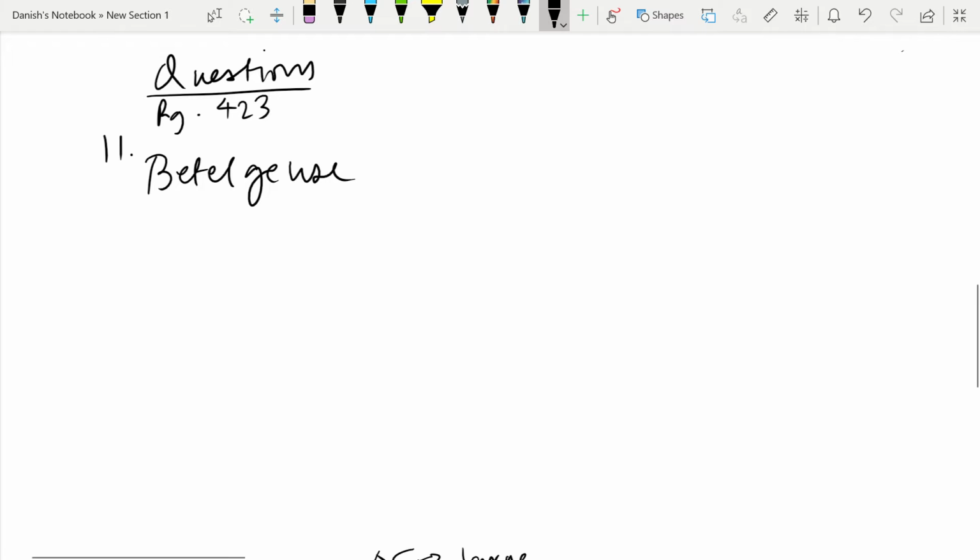It has a radius of 3.1 times 10 to the 11 meters. It's pretty big, ridiculously big. And surface temperature of 2800 Kelvin. So we're asked to find its luminosity.